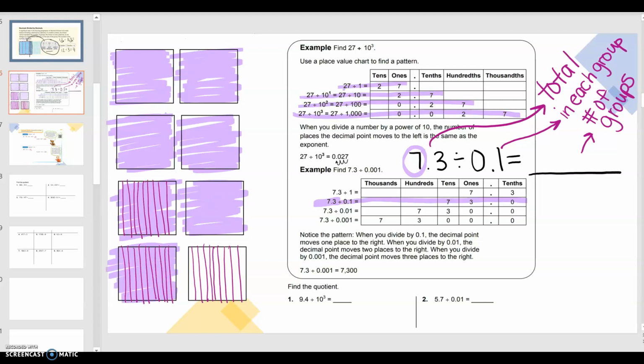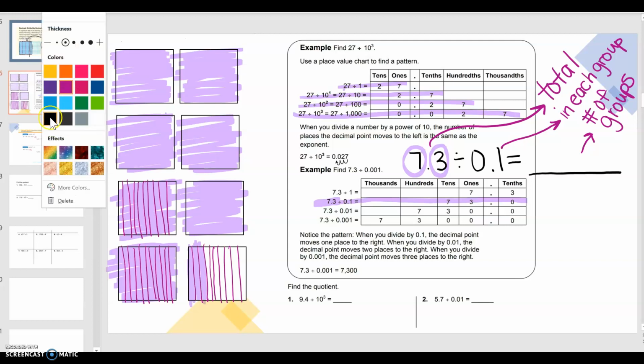Okay, so we're dealing with a whole number. 7 is in the ones place, so we just shaded 7 wholes. And then we need 3/10 of the other whole. So 1, 2, 3, 3/10 of the other whole, right?